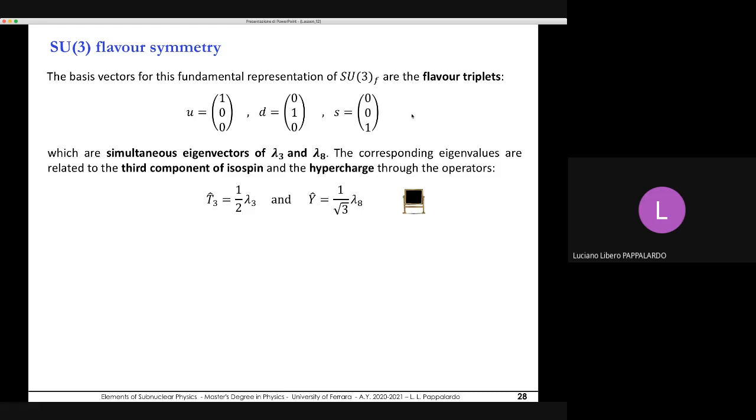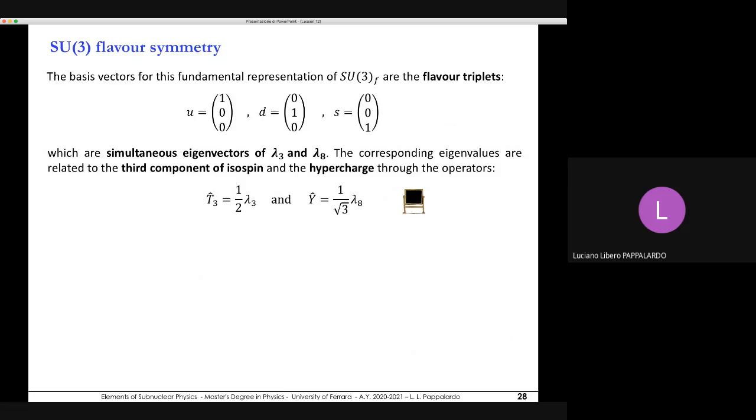It turns out that these are simultaneous eigenvectors of the lambda 3 and lambda 8 Gell-Mann matrices. The corresponding eigenvalues are related to the third component of isospin and to the hypercharge through these operators. The third component of isospin is related to the lambda 3 Gell-Mann matrix, and the hypercharge is related to the lambda 8 Gell-Mann matrix.